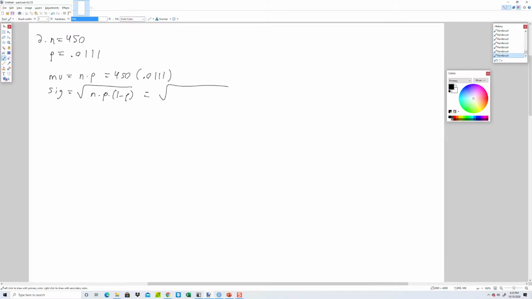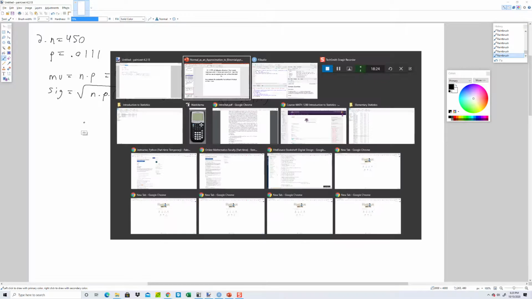So that's going to be the square root of n, which is 450, times p. Oops, what am I doing a comma for? Times p, which is 0.0111, times 1 minus p, like that. We'll come back to that.